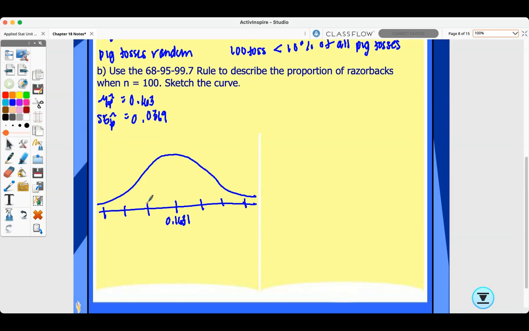I'm going to label 1 standard deviation to the left and right with pink. I would add my standard error to get the one to the right, and I'd have 0.1999. I would subtract to go to the left, and I'd have 0.1261.